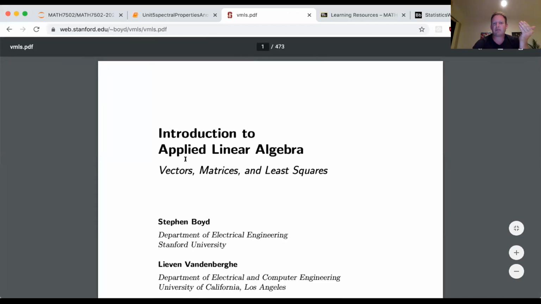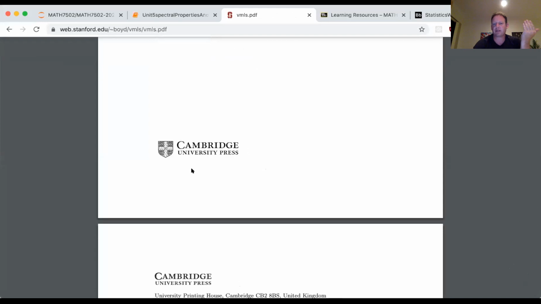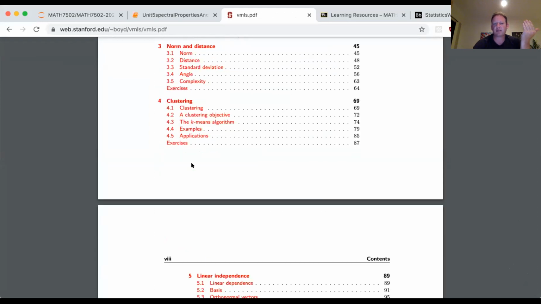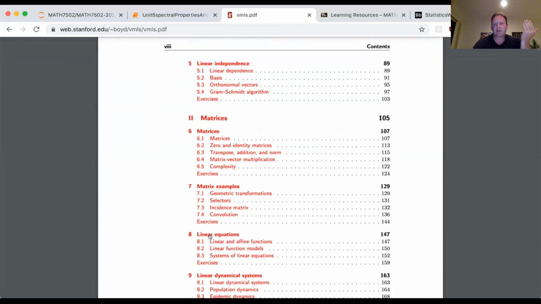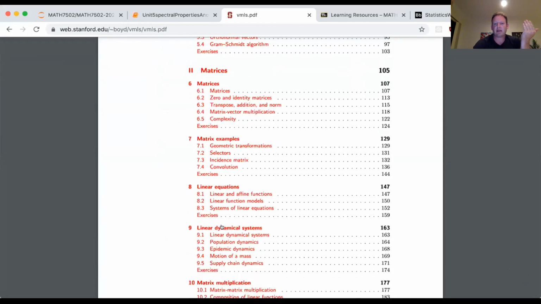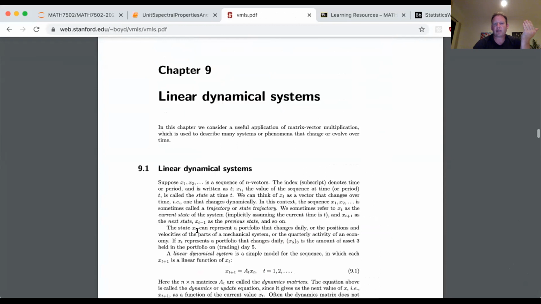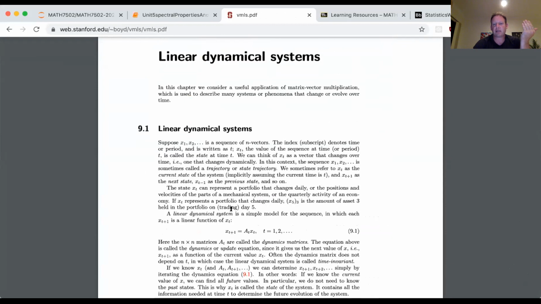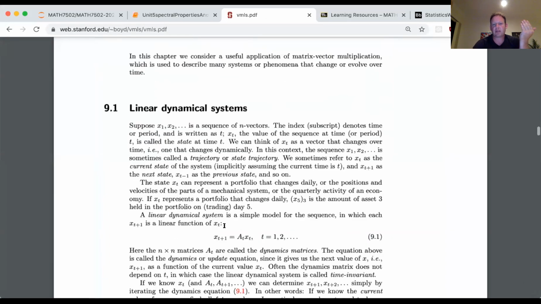Now, this book, VMLS, doesn't actually have spectral properties of matrices. It doesn't have eigenvalues, eigenvectors, singular value decompositions, and things like that, so in a sense it's more elementary. Nevertheless, chapter 9 is a quick little read on what a dynamical system is.